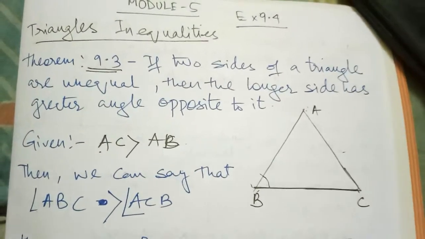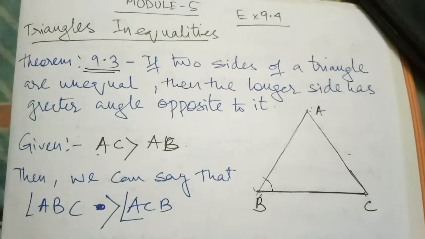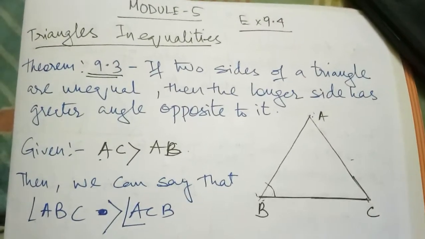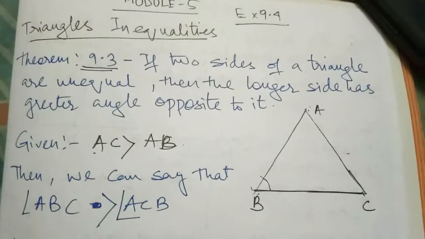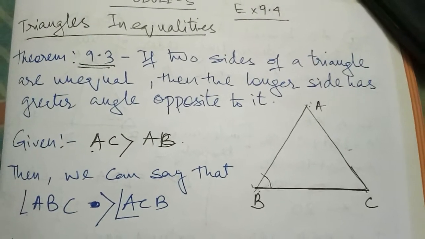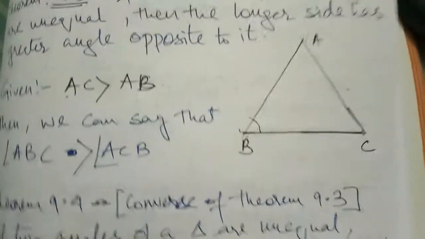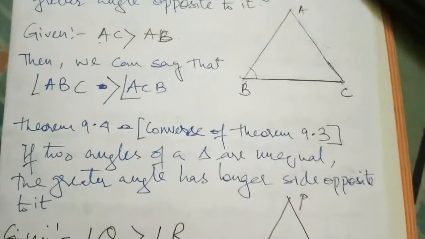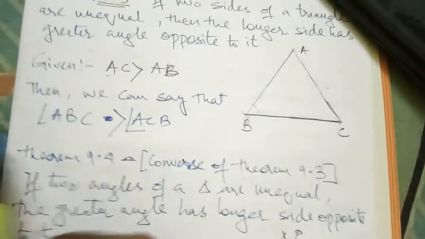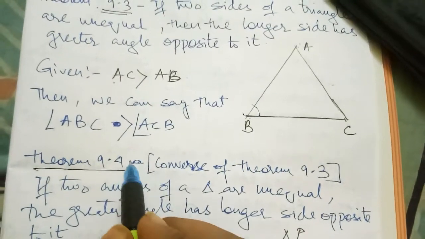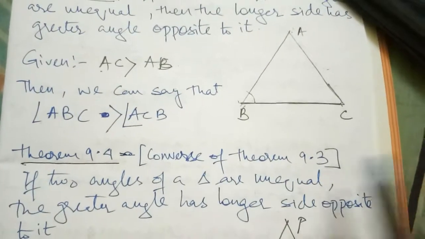Okay. Next, now we'll go for the same theorem, but the opposite. The opposite we call the converse. See, what is the converse of what is given over here? In theorem 9.4 I've written over here, the converse of theorem 9.3.